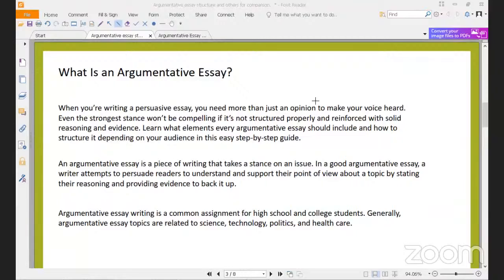An argumentative essay is a piece of writing that takes a stance on an issue.